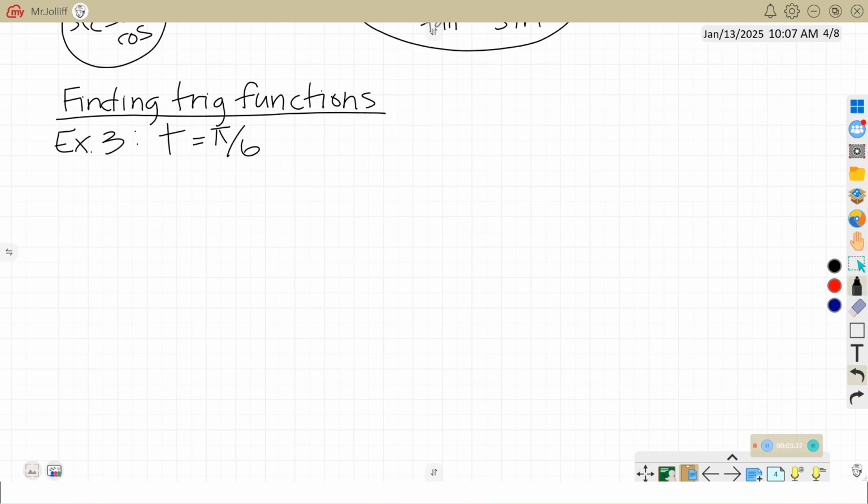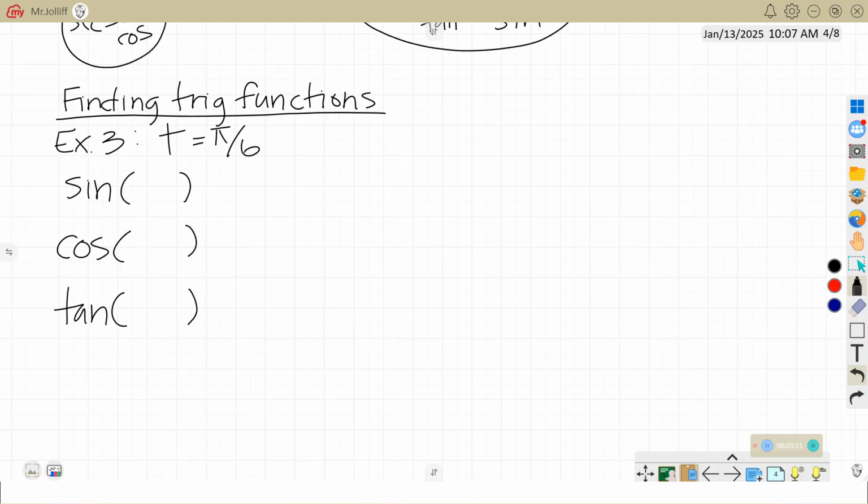We're going to do them in the same order that we did on Friday. Start with sine of t and cos of t. Then we find tangent, and then we find their reciprocals.